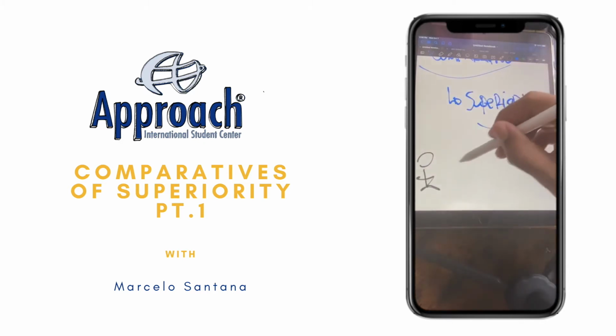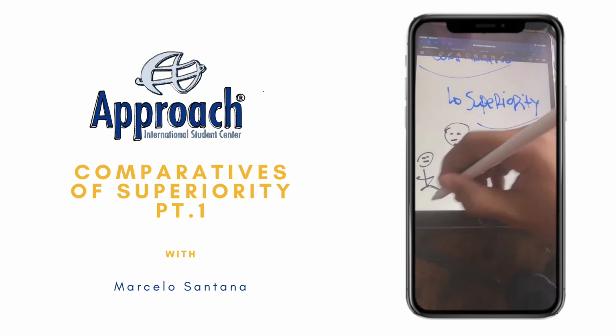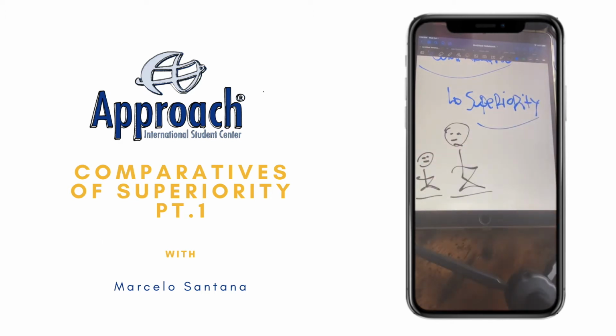Now let's think about these two little guys here. There's this guy here and there's this guy here. By looking at them, we can see a very interesting thing. This guy here is taller than this little guy over here, right?